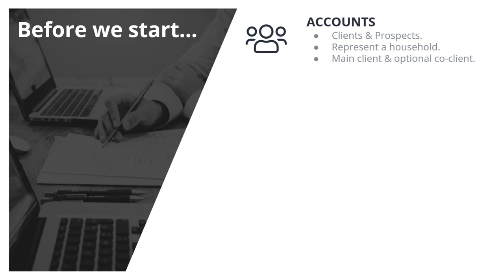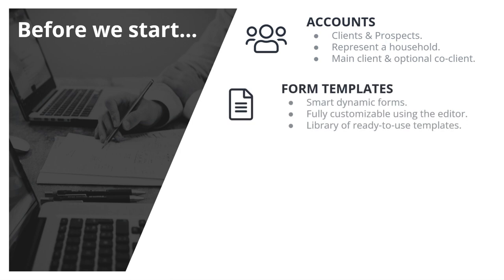An account will always include one main client and then may sometimes include a co-client, such as a spouse, partner, significant other. Form templates. So in essence, form templates are smart dynamic forms. They're fully customizable, and we do provide a large library of ready-to-use templates for a multitude of situations.